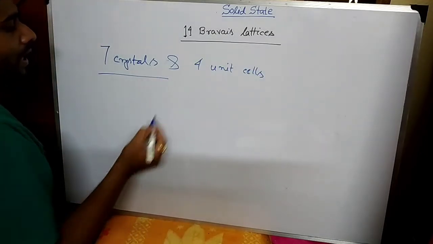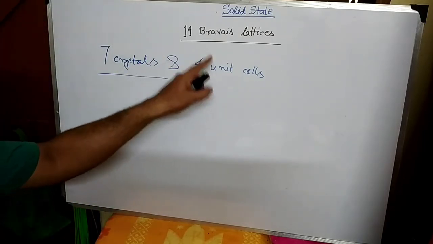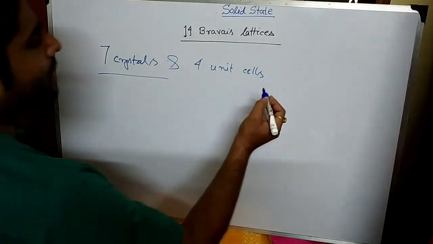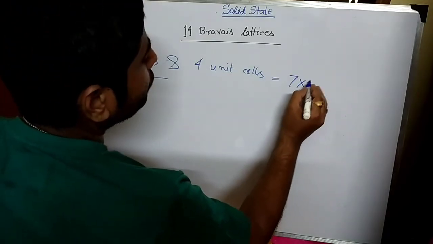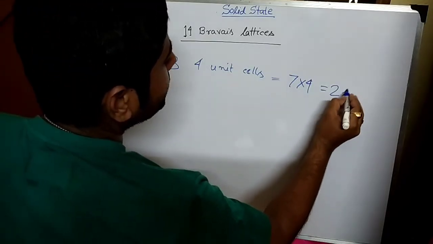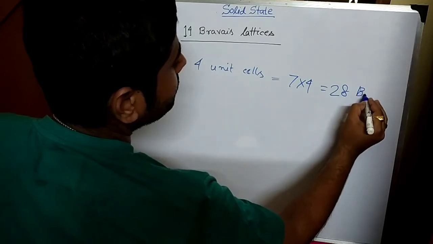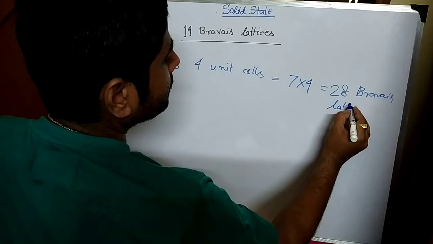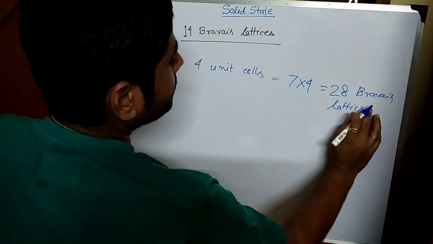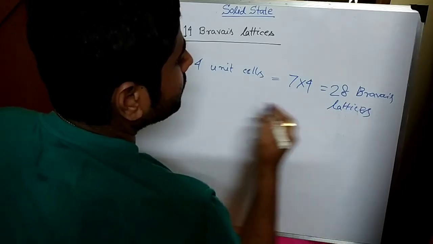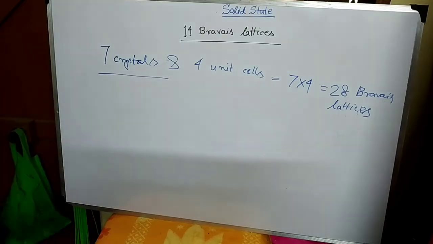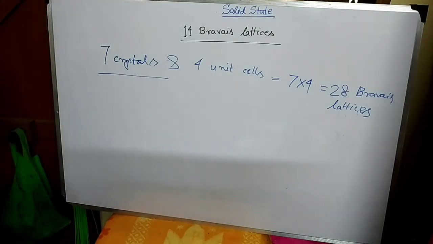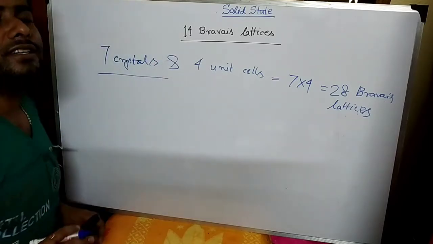So if we try to apply the 4 conditions to 7 systems, then we should get how much? 7 into 4 equals 28 Bravais systems. For 28 Bravais lattice systems we should get, but we are getting 14 only.